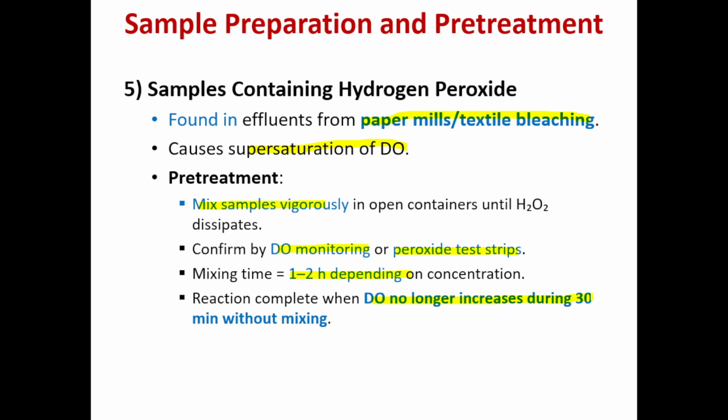If we put the sample in a quiescent condition and there is no increase in DO, it means that the hydrogen peroxide which was in the sample before pre-treatment has now fully dissipated.